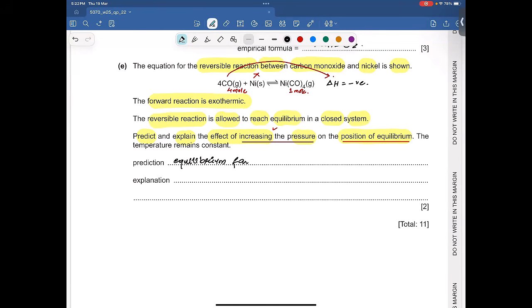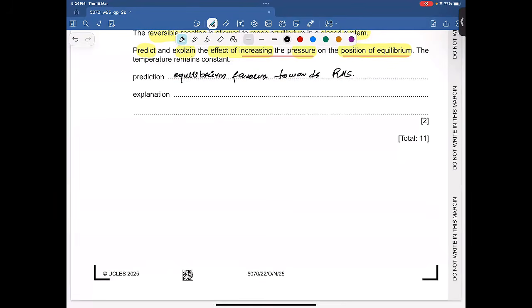Equilibrium favors towards the right hand side. Now the explanation is basically easy.